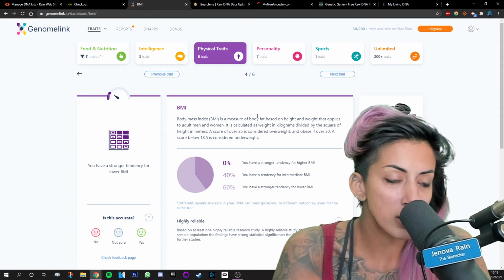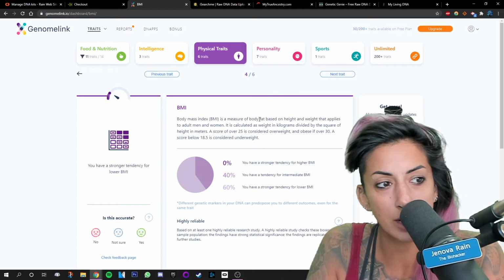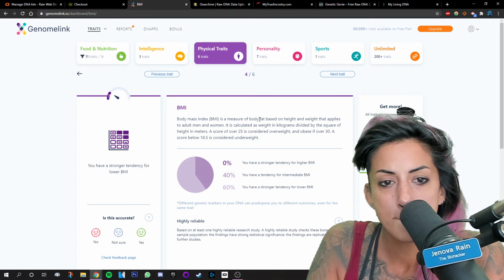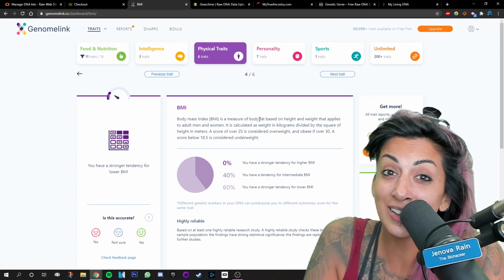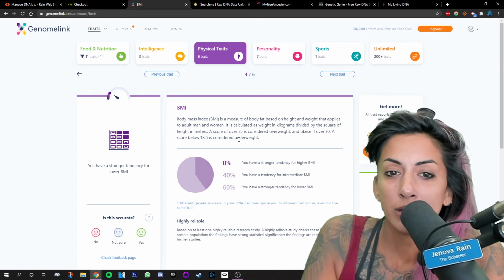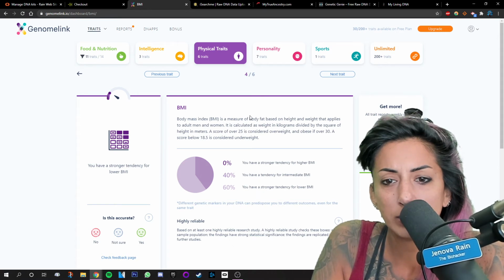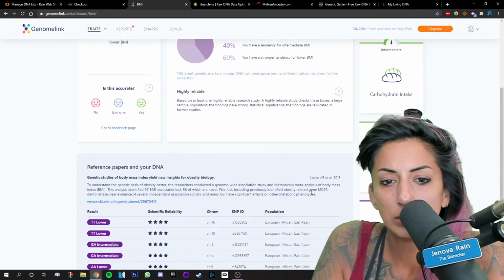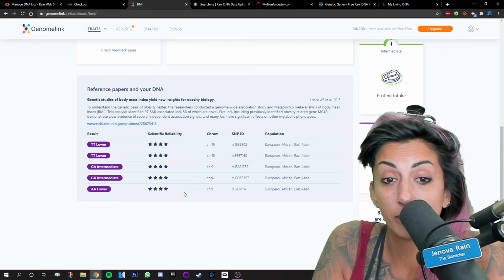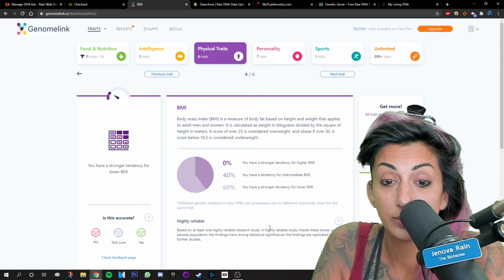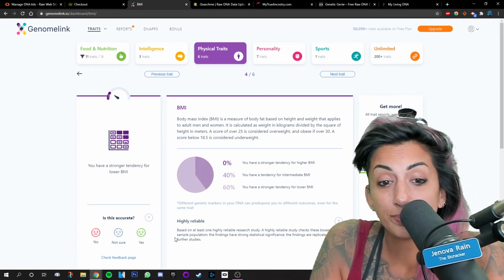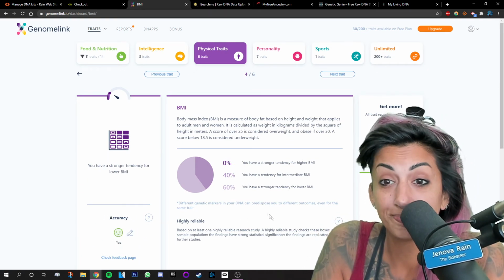That's a low BMI you'd expect for someone who does track running and stuff, and I certainly don't do any of that. So yeah, it is super low. That is interesting. Okay, that is a thing. I'm going to give you a yes.